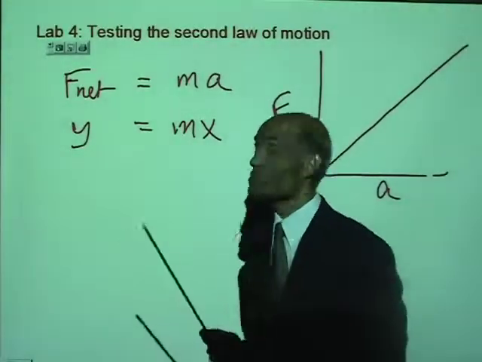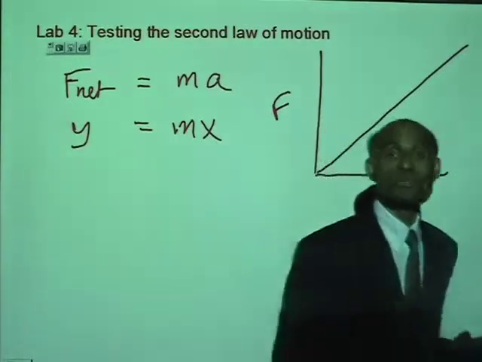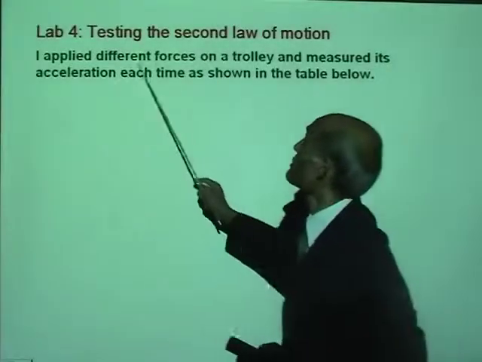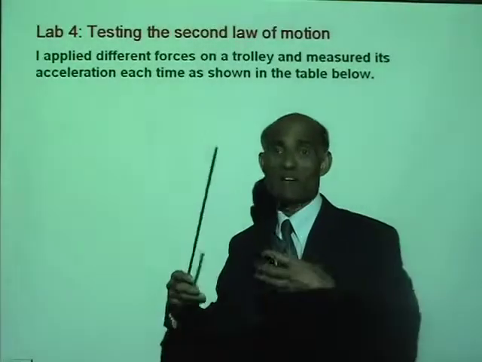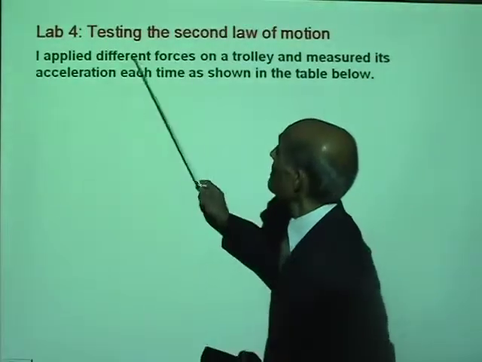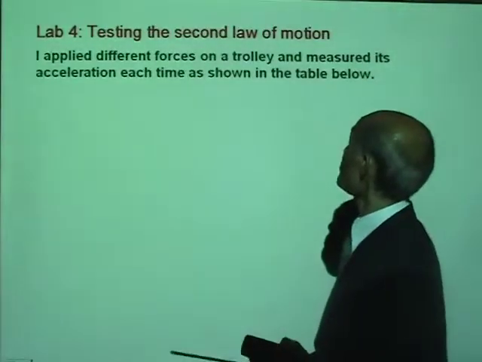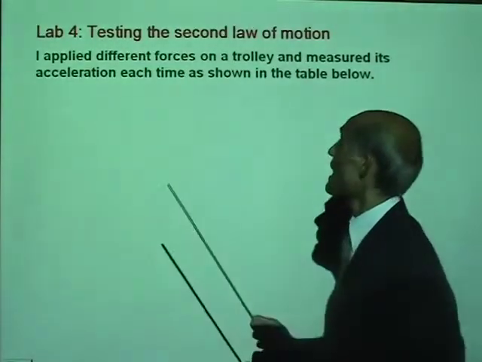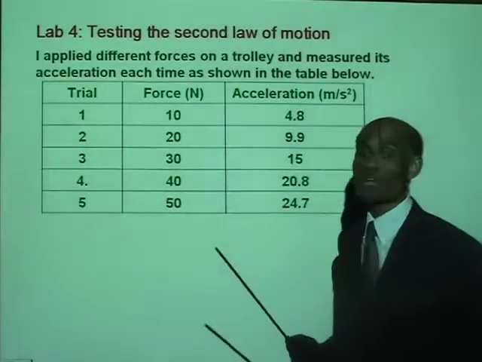Alright, now in this lab, I want you to do an exercise like this. Okay. Now I applied different forces, so I did this experiment. I'm going to give you those values. I applied different forces on a trolley and measured its acceleration each time, and I got this table.